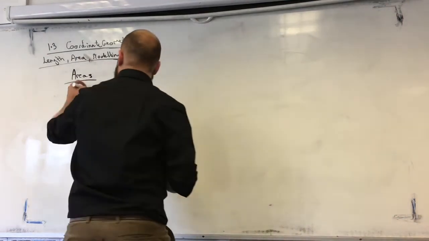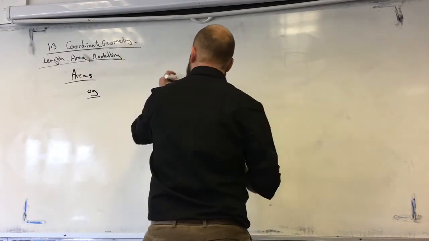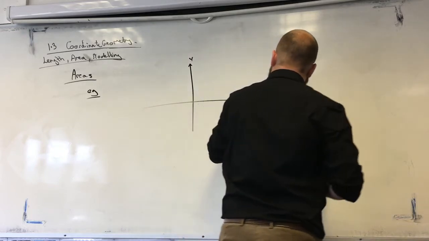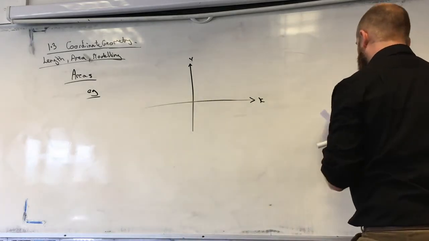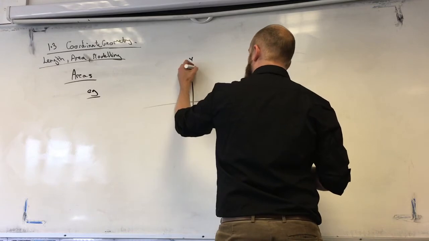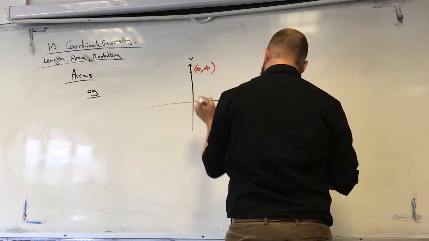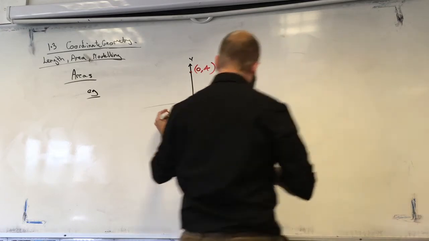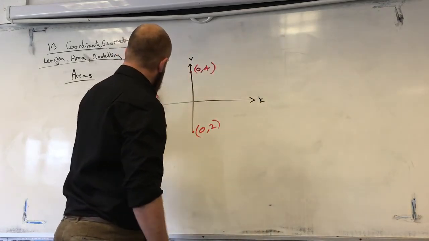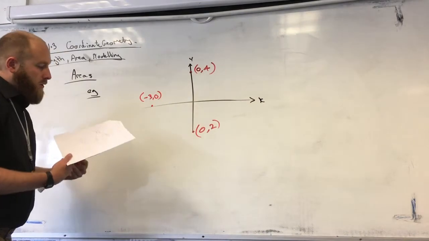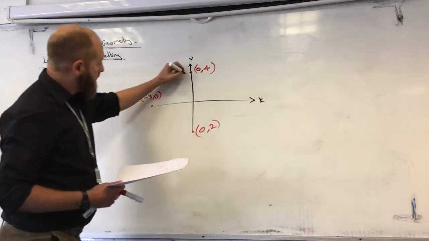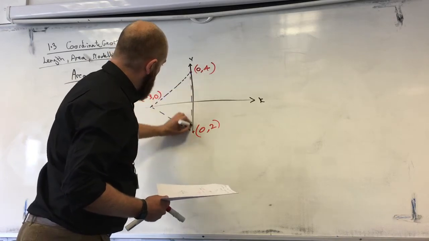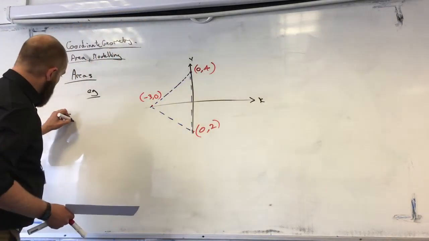For example, if we had a few points here, so we're going to have (0, 4), (0, 2), and another point, we could say those 3 points make a triangle, and we could be asked to calculate the area.